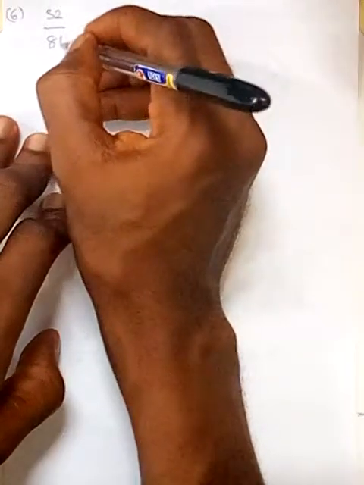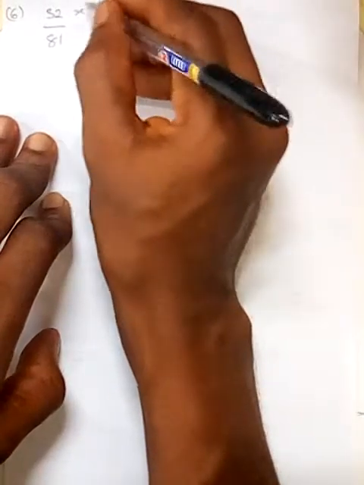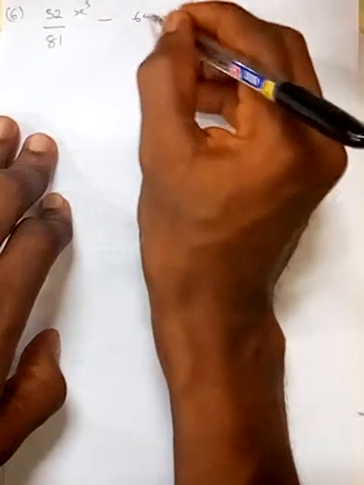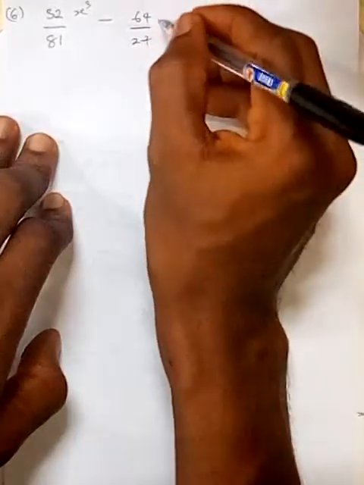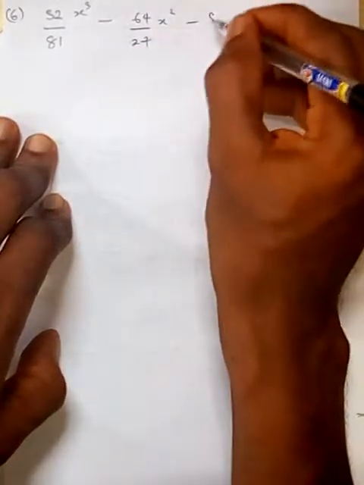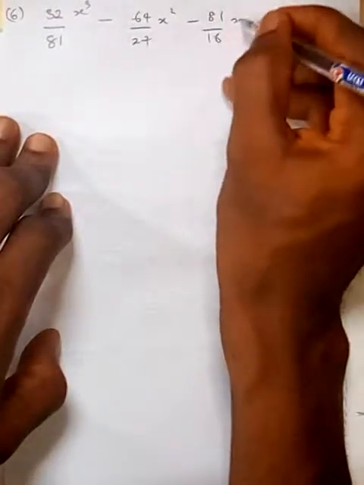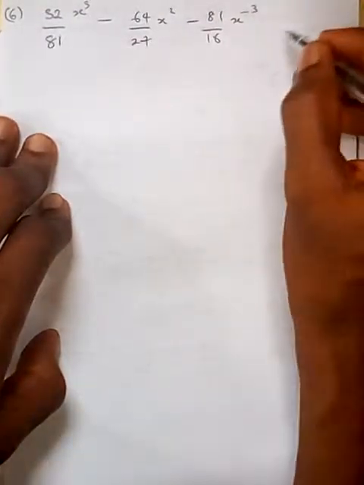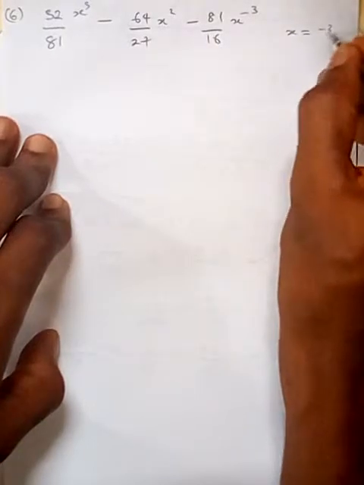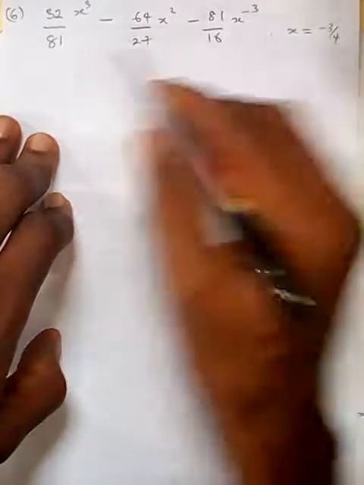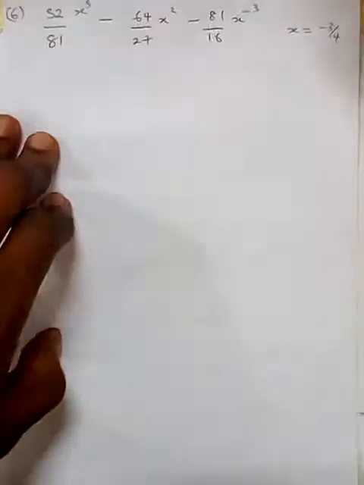Okay, number 6 is saying that we should find the value of 32 over 81 x raised to the power 3 minus 64 over 27 x raised to the power 2 minus 81 over 16 x raised to the power minus 3 when x is minus 3 over 4. So when x is minus 3 over 4, what is this expression? That's what they're asking.